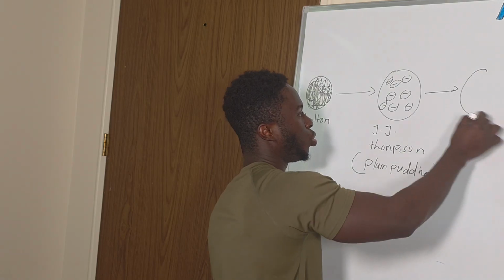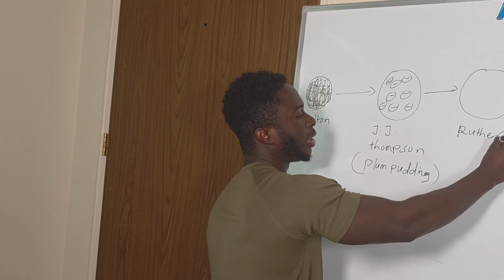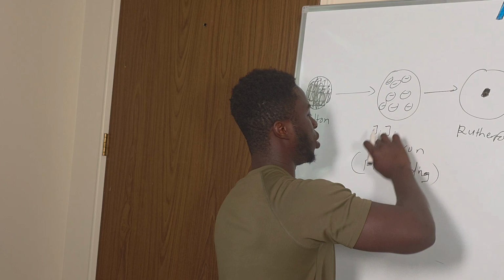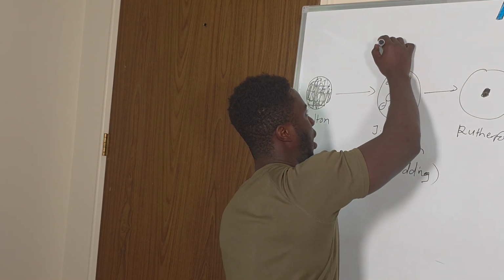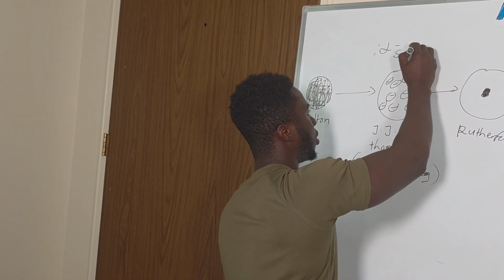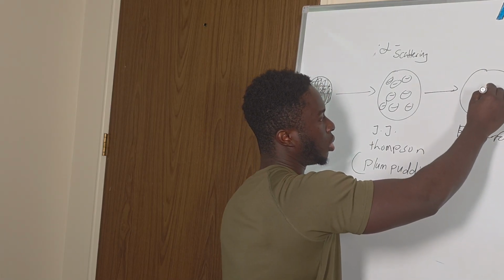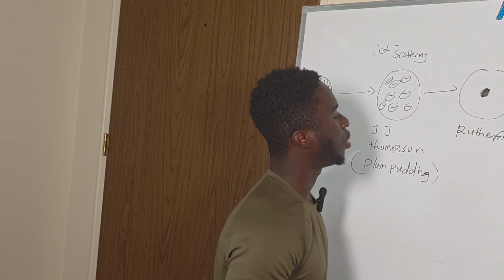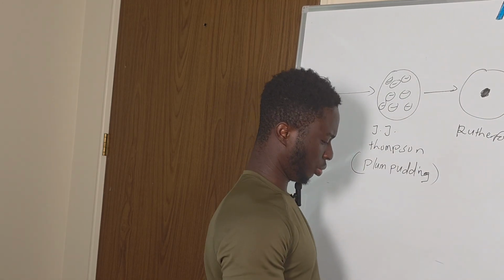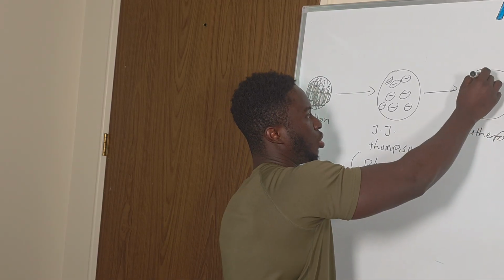So from there we went to Ernest Rutherford, right? What did Rutherford say? Rutherford said that there is a positive nucleus over here. This was made by the alpha scattering, right? And then Rutherford also said the atom has a positive charge nucleus with the electrons embedded around it.